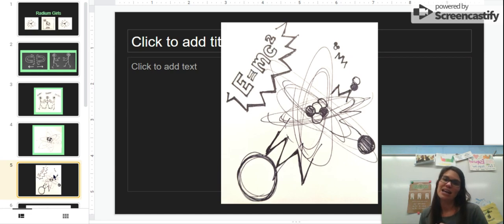And when we say that an atom splits, it is producing additional particles. So protons and neutrons are flying off of this nucleus, along with the energy that holds the nucleus together. The energy and the particles that are flying off of an unstable nucleus, that's called radiation.